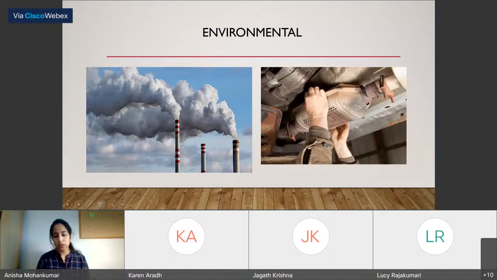They basically perform a redox reaction there. They convert the harmful gases into a less harmful form and then emit to the atmosphere, so that it is still harmful, but less harmful compared to the greenhouse gases.